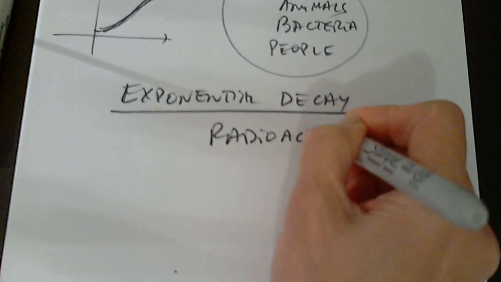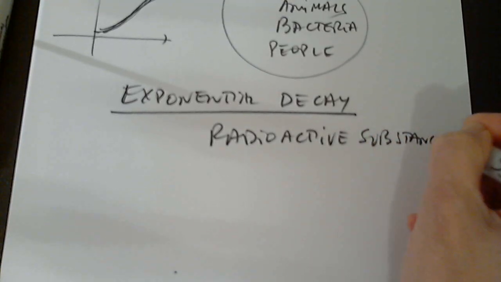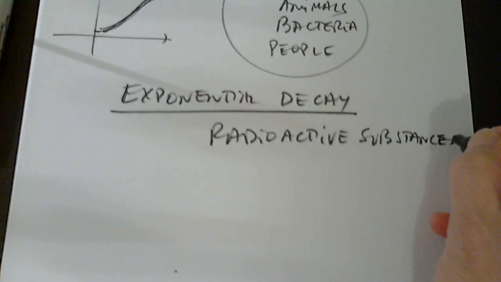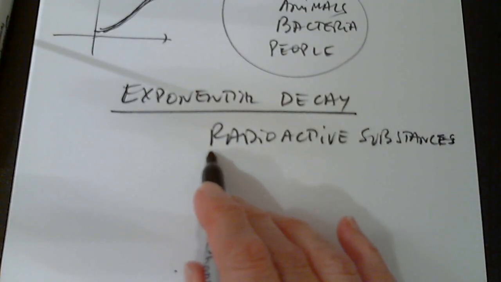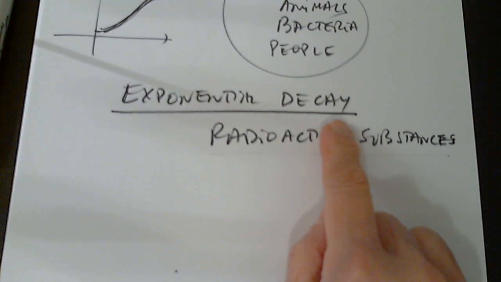Radioactive substances. We hope we never ever get in touch with one. Radioactive substances decay. They don't grow. Their mass doesn't grow. Their mass diminishes. It's a decay. And what is the model?